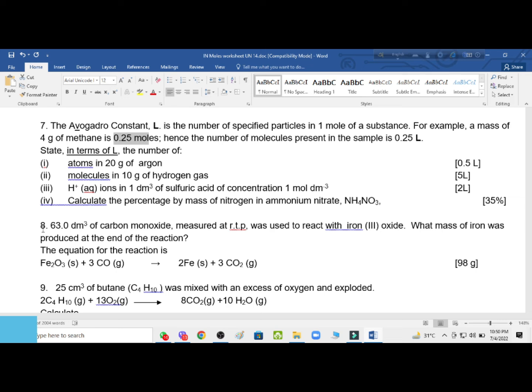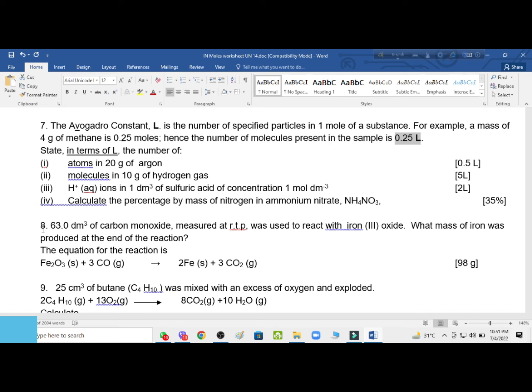Yes, mole can be converted easily into anything by multiplication. If you convert this into a number, you will have to multiply this with Avogadro number. But here Avogadro number is given as L, which means you multiply this mole with L, so this will give this. So this is the number of particles.